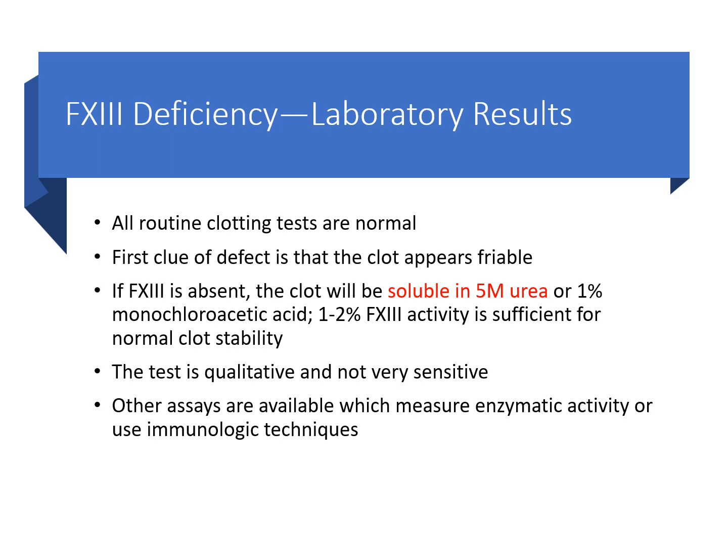One of the first clues that we can determine is that there may be a defect in the clot, where you have a blood clot with what are called friable edges. So it's going to look kind of ratty, like a ripped or tattered piece of fabric around the edge. If factor 13 is absent, the clot will be soluble in a 5 molar urea concentration or 1% monochloroacetic acid. 1 to 2% of factor 13 activity is sufficient for normal clot stabilization.